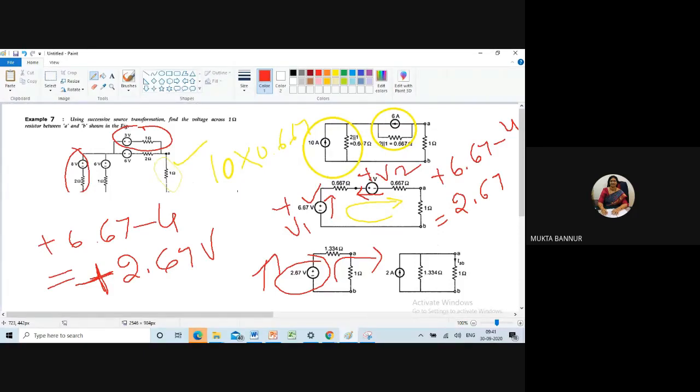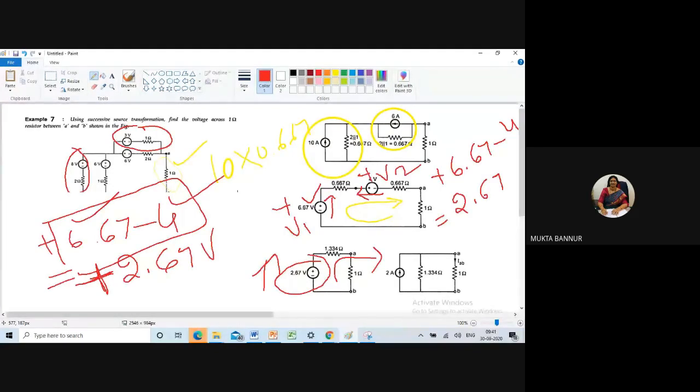I can say that 6.67 is a dominating voltage source, or 6.67 is the dominating value among these two values. This is a positive value, this is a negative value. Suppose 10 such voltage sources are connected in series.